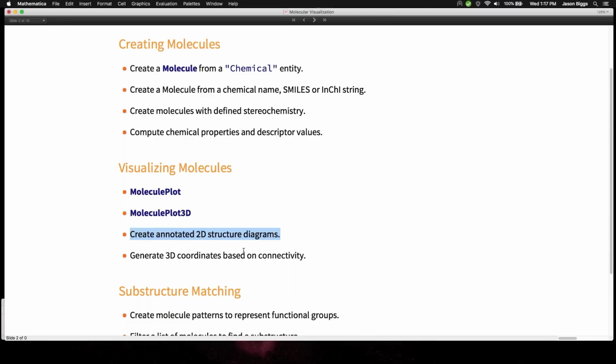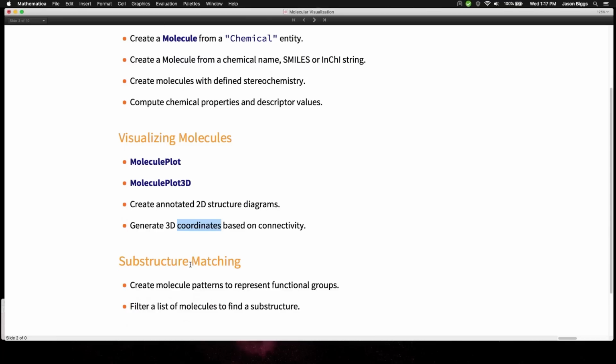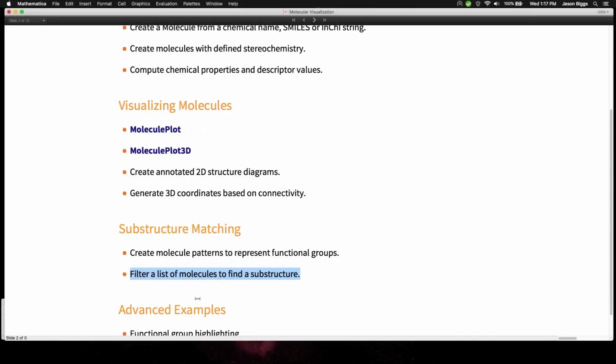You can annotate those structures, and with molecule plot 3D, it generates coordinates on the fly based only on connectivity, and then uses force fields to clean it up. I'll show how you can do substructure matching to find functional groups inside a molecule, or to take a list of molecules and find a particular substructure in them.